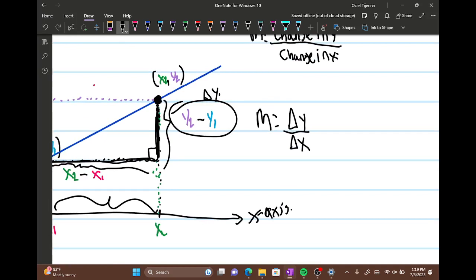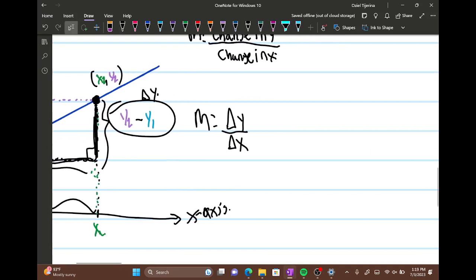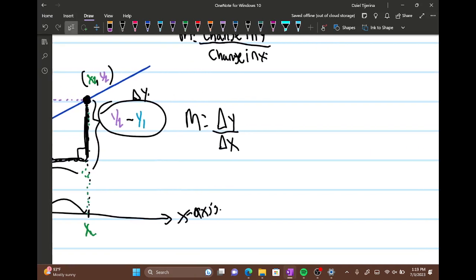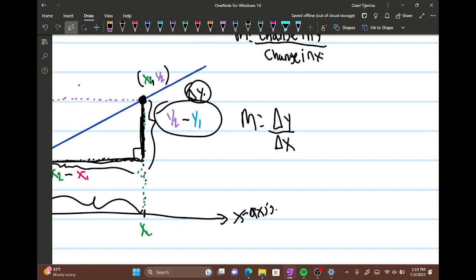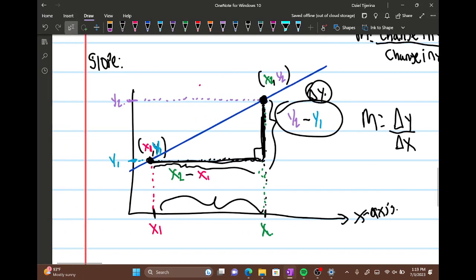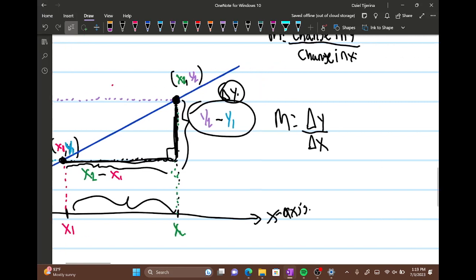This is my change in y, delta y, in other words. We always call this delta y. That is what this is read as. So, that is the definition of slope. It's basically you're subtracting your 2 y terms and then putting them over your 2 x terms.